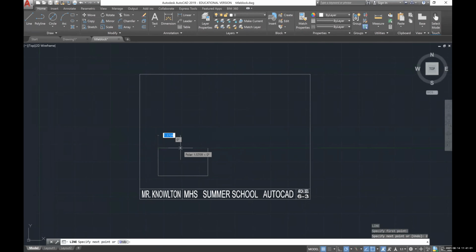So the thickness was 0.5. And because this is 2, if the bottom is going to be 1/2 inch thick, we're going to go down 1.5. So that's actually what our front view looks like.